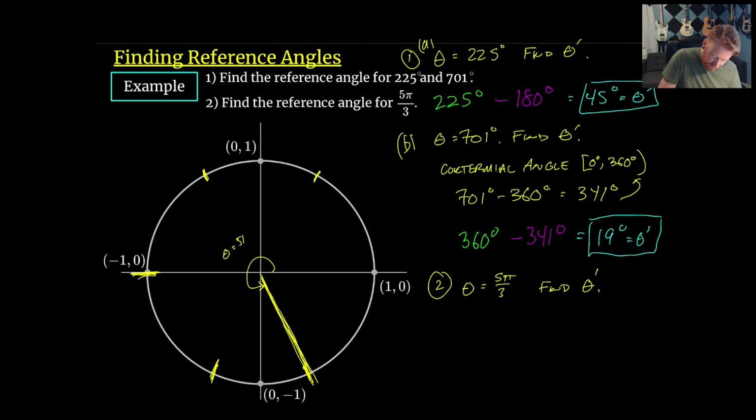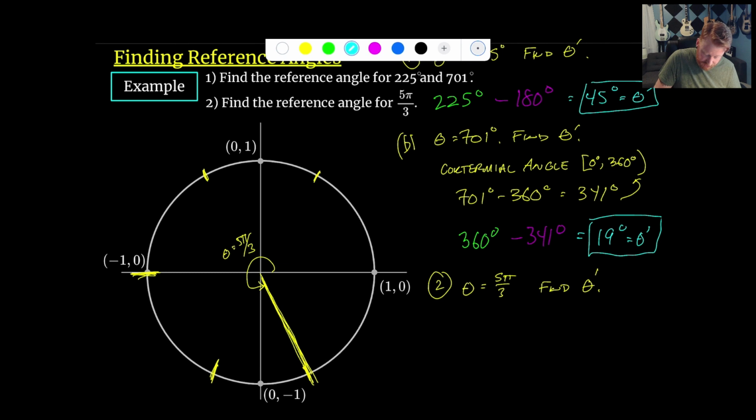Theta is equal to 5 pi over 3. What we're trying to find is the reference angle, which is the shortest distance to the x-axis. So just like we did before, we're going to go measure too far around. So we're trying to find this distance here. So we'll start traveling around and around, and we hit our angle, but then we're going to travel the rest of the distance to the x-axis, the horizontal axis.